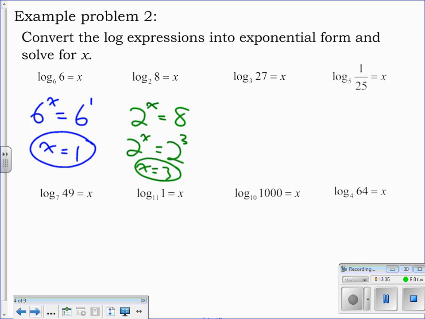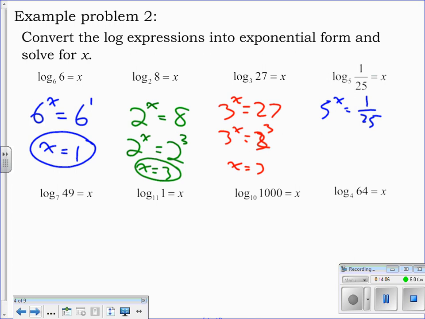Next one, first step, rewrite it. 3 to the x equals 27. Can I rewrite 27 as 3 to some power? Yeah. 3 to the x equals 3 to what power? 3 to the third, so x equals 3. Same thing on the next one. Okay. 5 to the x equals 1 over 25.